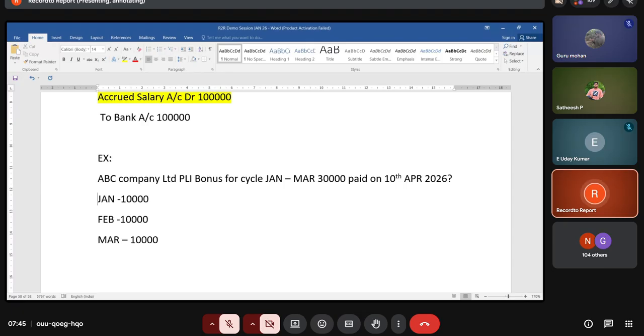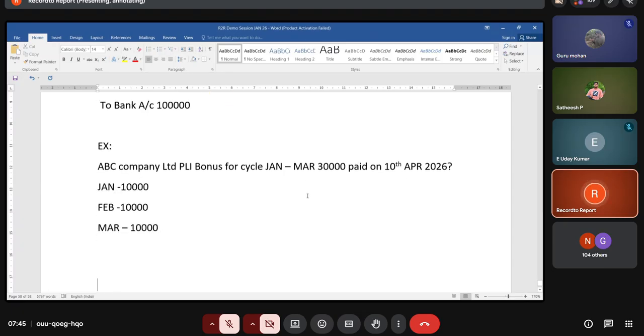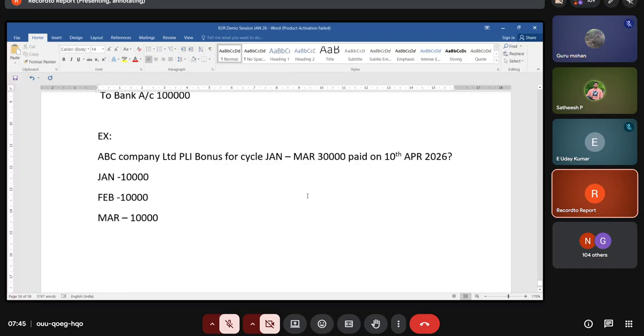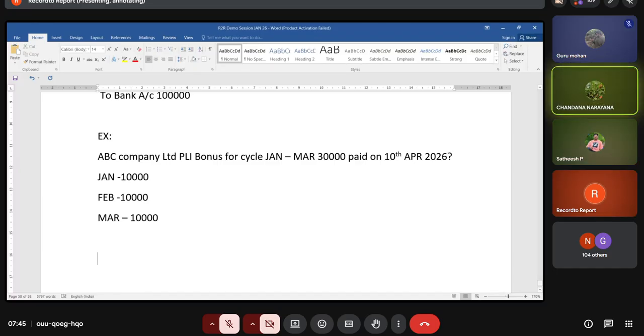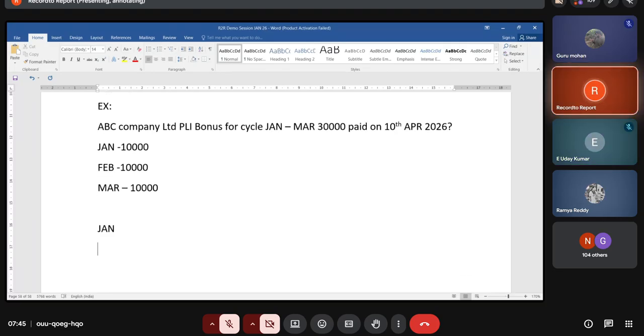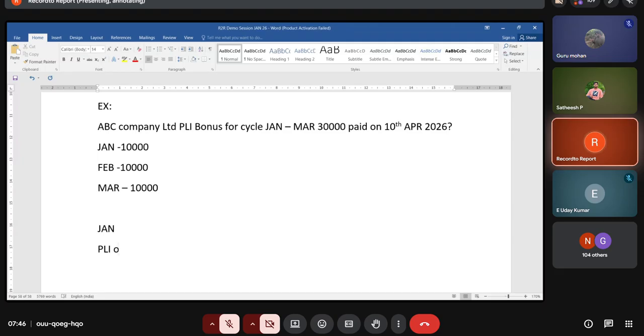Do we need to record the transaction in all these 3 months or not required? It's required.